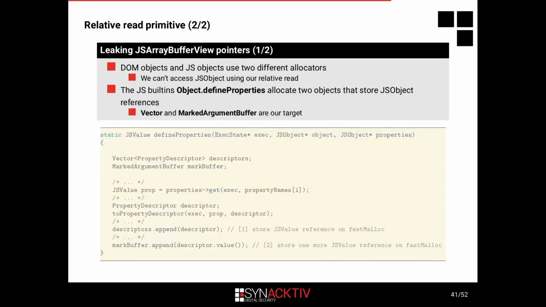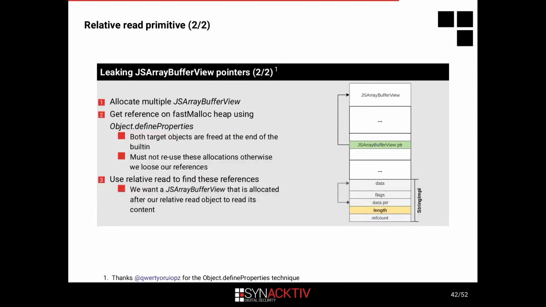But a JavaScript built-in named object.define_properties allows us to allocate two objects, a vector and a marked argument buffer. Both objects are allocated on fastmalloc, and they allow us to push JavaScript object references on the fastmalloc heap. So using our relative read, we can usually find this pointer.